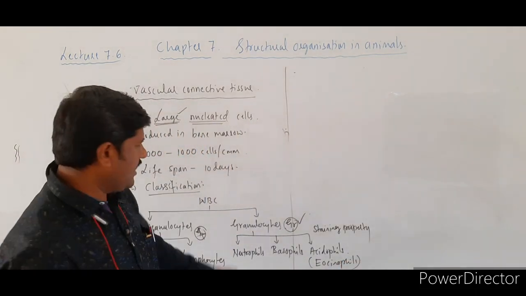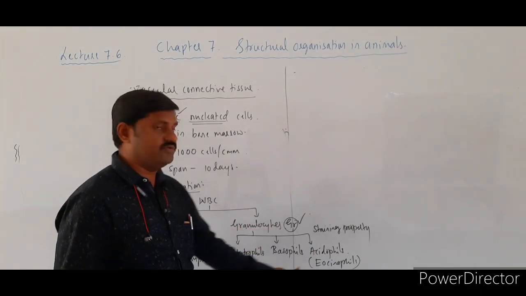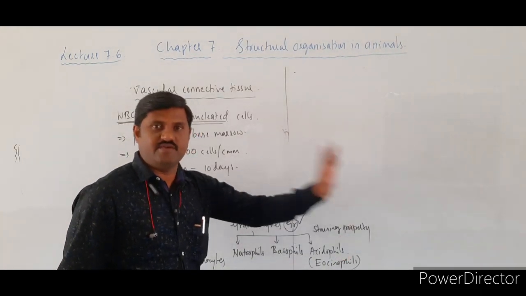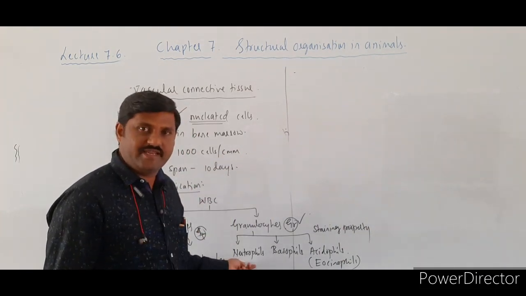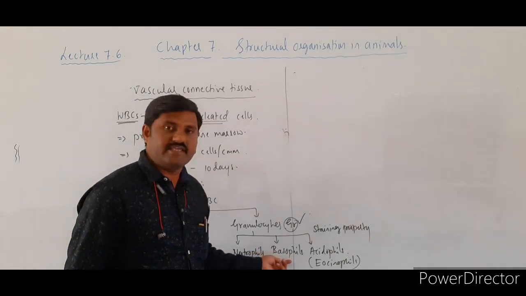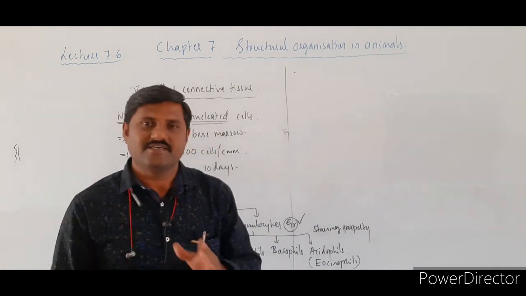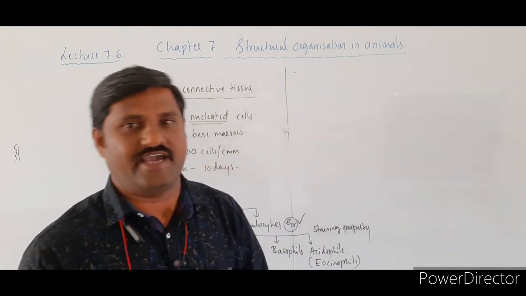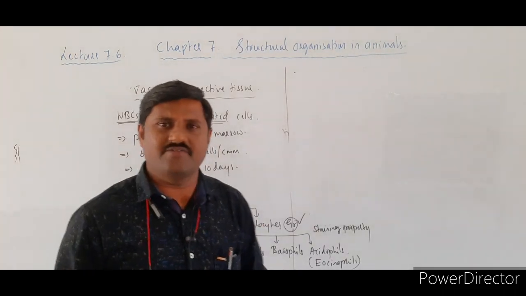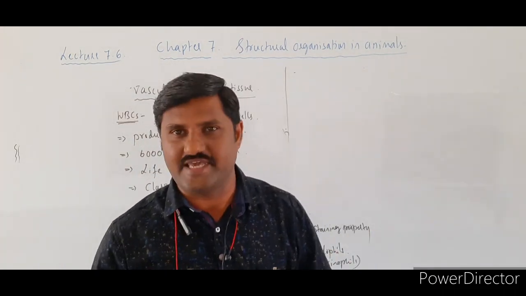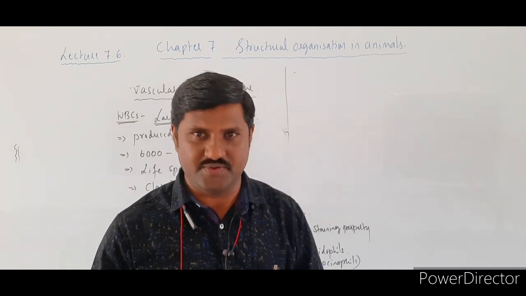After staining, if neutral in nature, neutrophils; basic in nature, basophils; acidic in nature, acidophils. Like this they have been classified into different kinds, right? And these granulocytes have different shaped nuclei, or lobed nuclei, right?